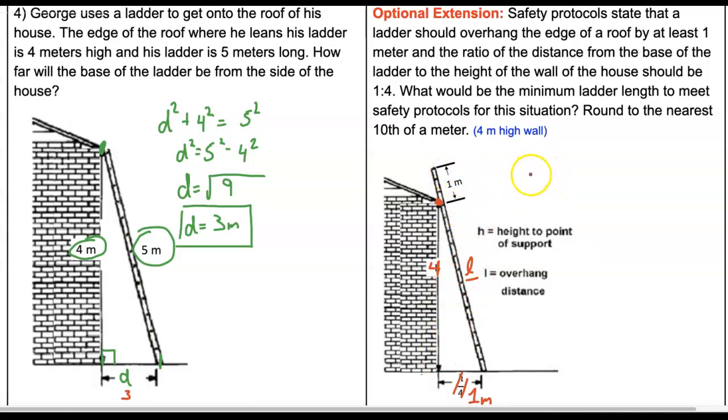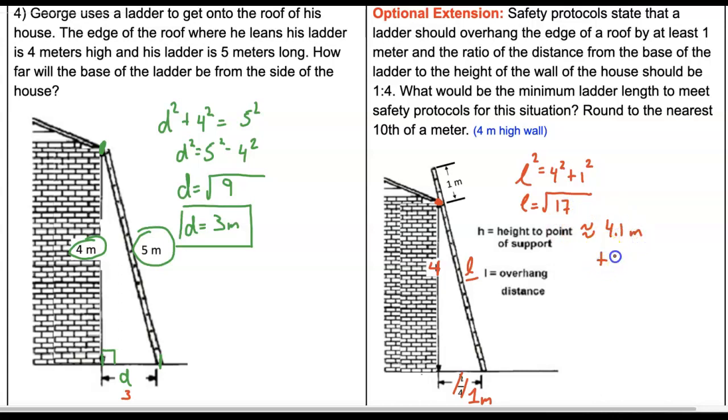So, well, we have L squared is equal to 4 squared plus 1 squared. So L is going to equal the square root of 17, or approximately 4.1 meters.